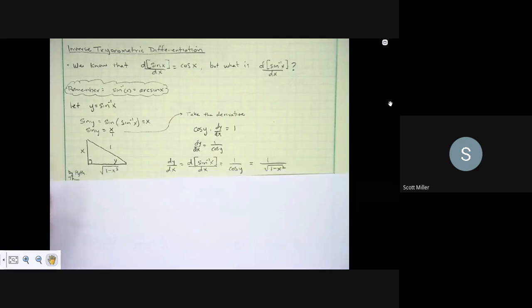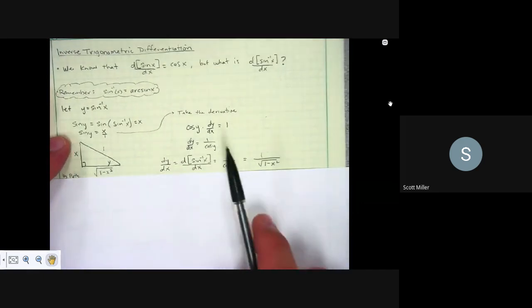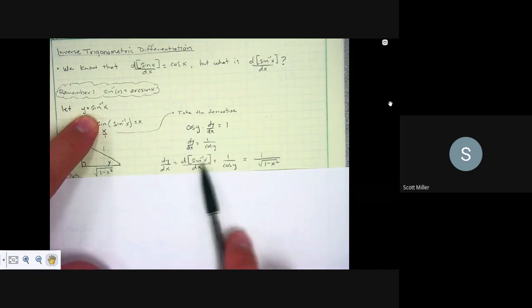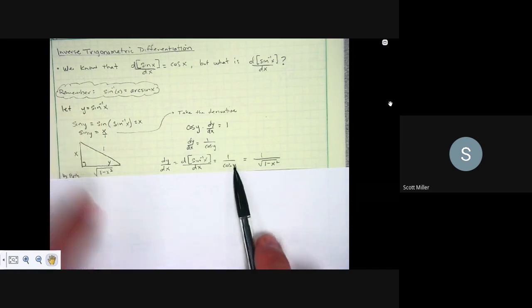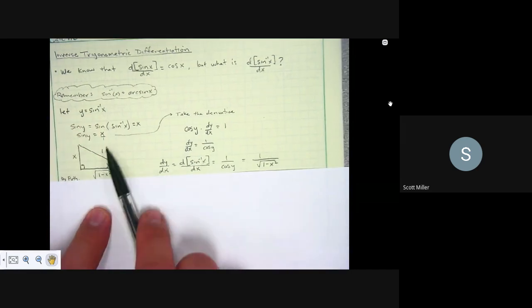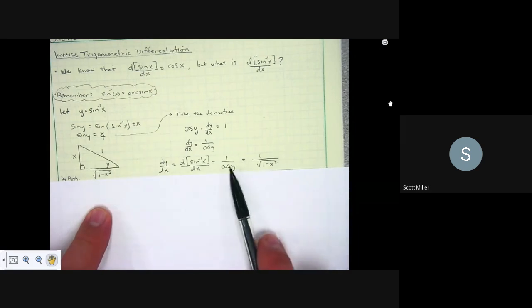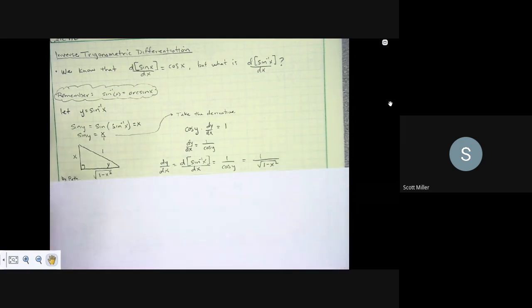Now we can make the connection: y is the inverse sine, so dy dx is the derivative of the inverse sine of x with respect to x. The cosine of y is adjacent over hypotenuse, and since it's on the bottom, it reciprocals up. I get this quantity right here, which is the derivative of the inverse sine.